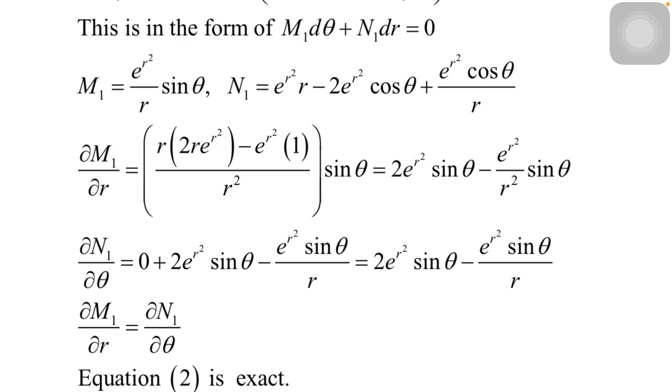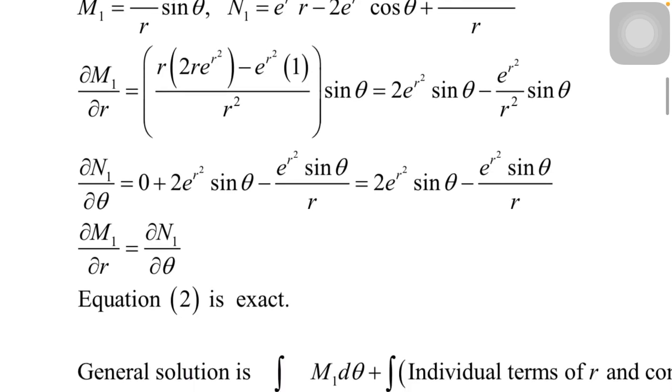Here sin theta is constant and apply the quotient rule: r into derivative dou by dou r of e power r square, minus e power r square into dou by dou r of r, over r square. So after simplifying, you get 2 into e power r square sin theta minus e power r square by r square into sin theta.